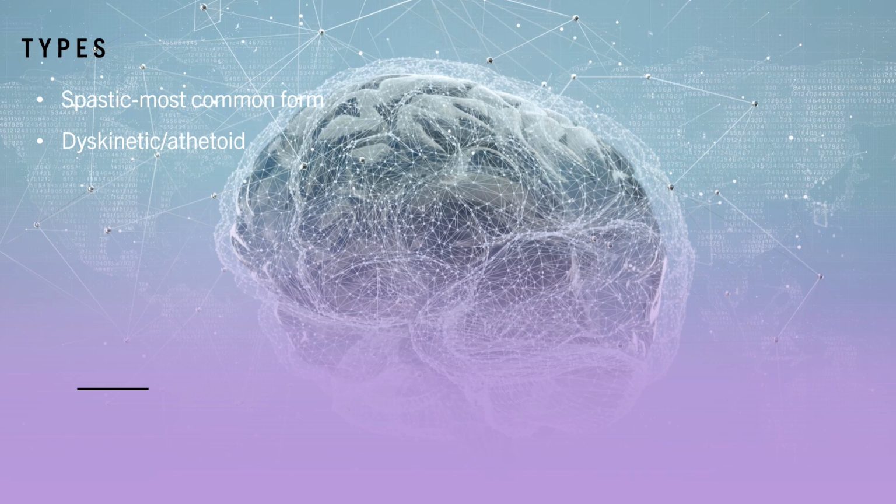And then there is also what's called the ataxic type. I don't know if you've heard of the phrase ataxic gait. It basically is saying that there's a lack of control, some hypertonicity.